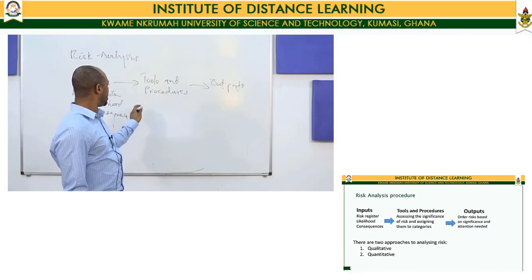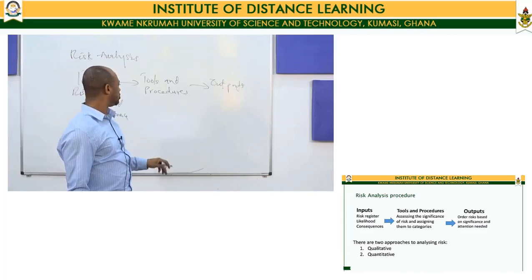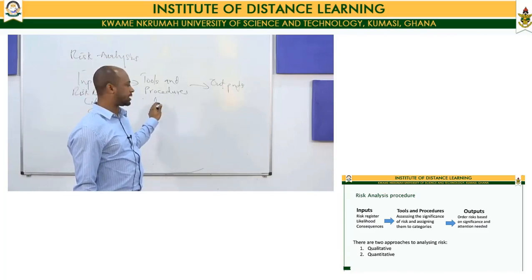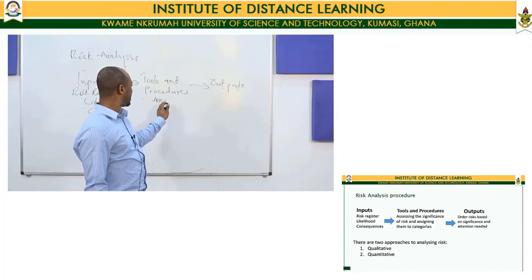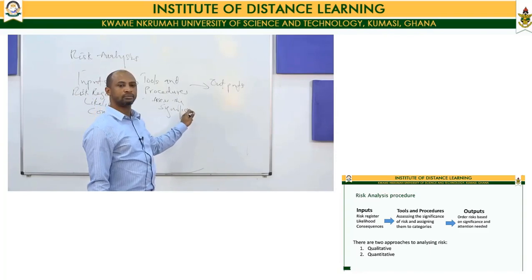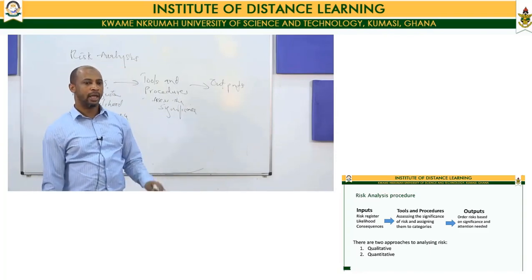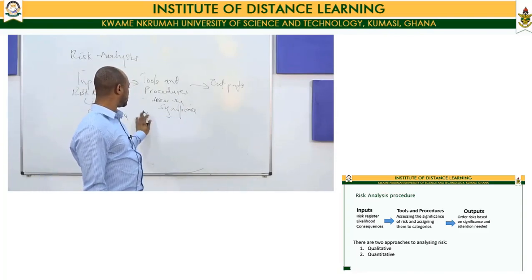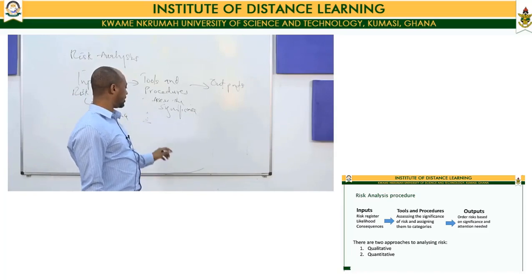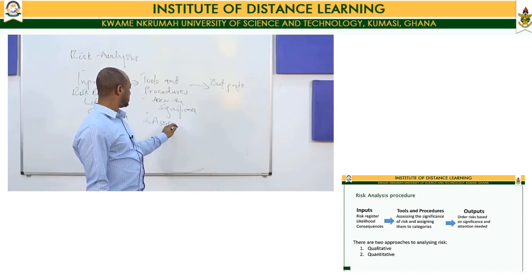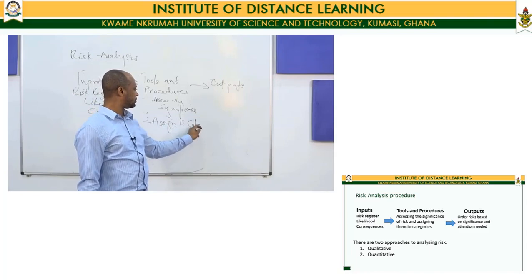Then, when you come to risk and procedures, your aim is to what? Assess the significance. So you assess the significance of the risk and assign them to categories.